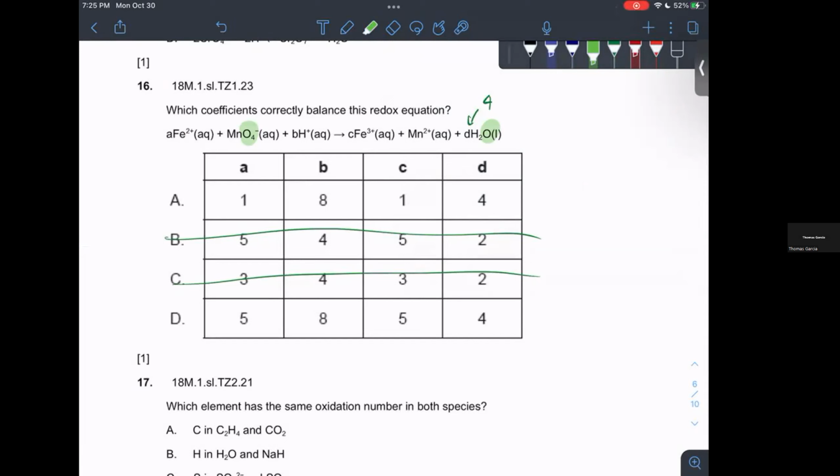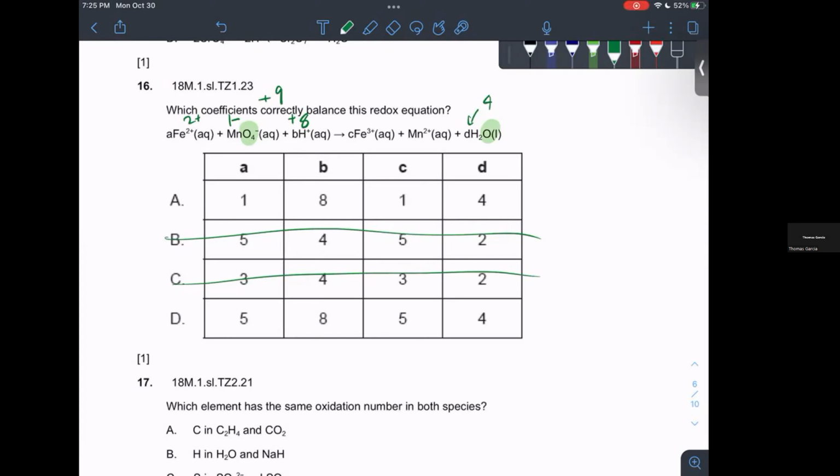If we go with charge, we notice that if we leave the coefficient as 1, then we have 2 plus, minus 1, or 1 minus, and plus 1. Or sorry, let me actually correct that. We now have 8, so plus 8, for a grand total of +9 charge on the left side.